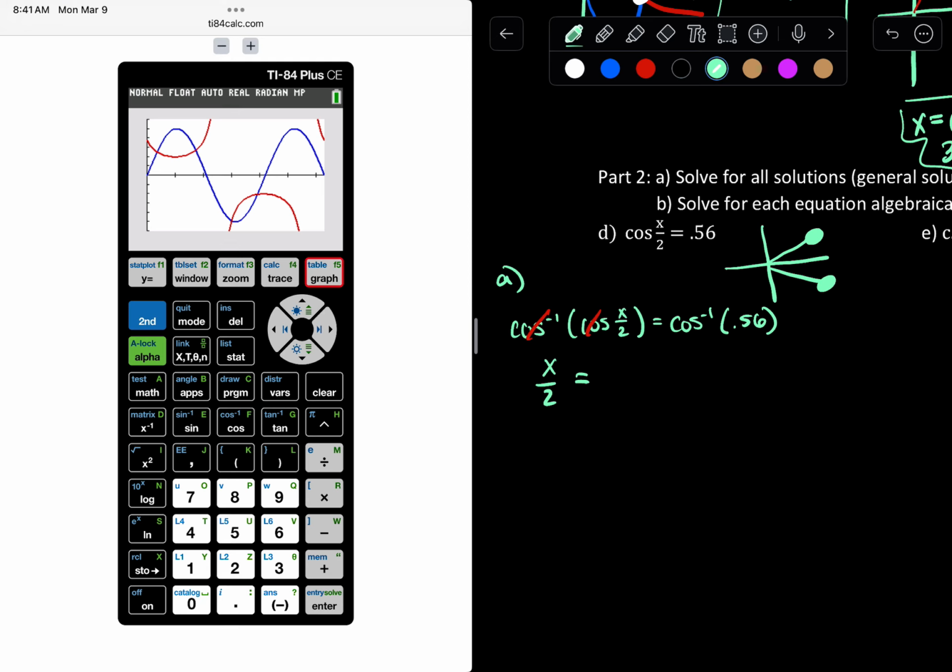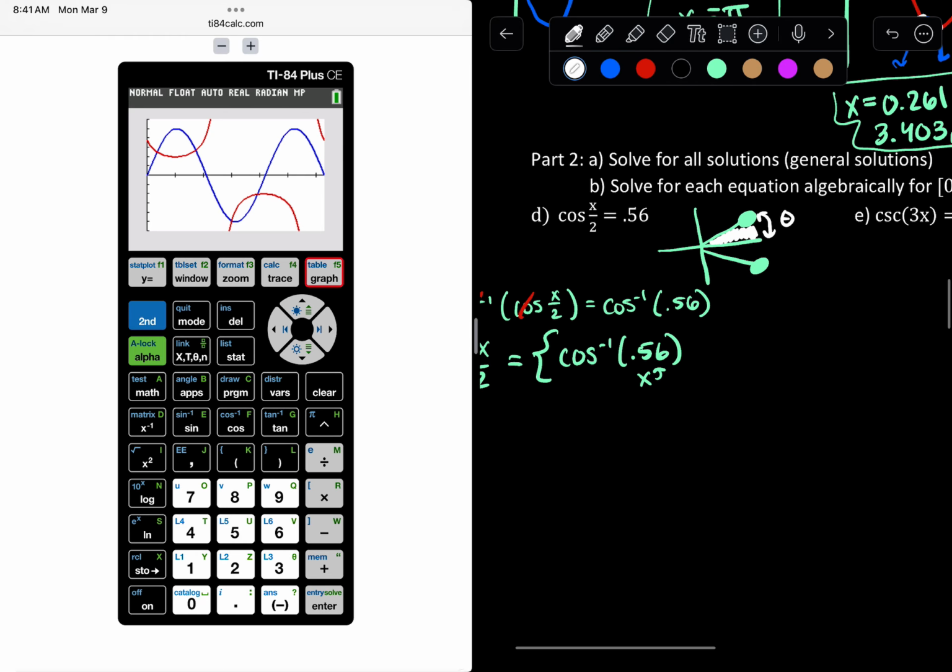If I type it in the calculator now, I end up with an approximation. And again, the output for inverse trig is going to be an angle because my input is a coordinate. That's an x value in here. And that output being an angle represents this angle here. So inverse cosine of 0.56 represents this angle.